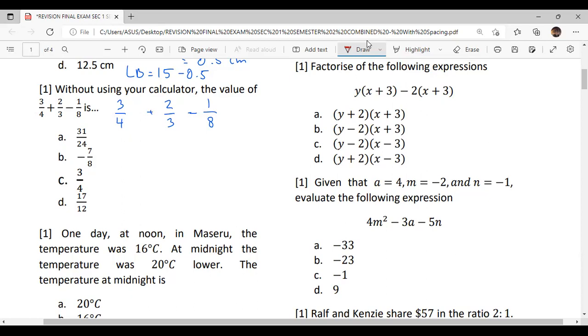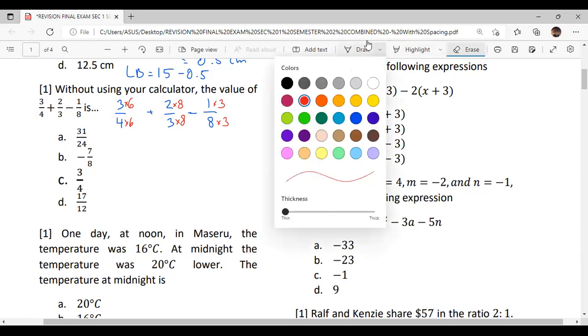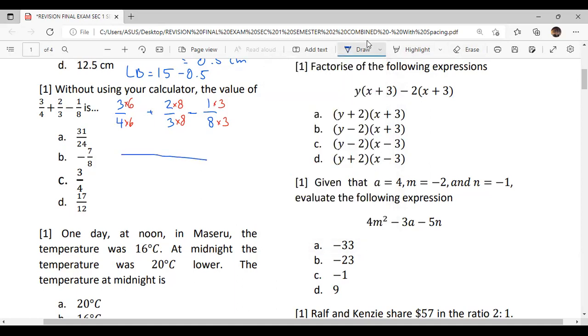So the easiest way is to think of 24. You multiply by 6, you multiply by 8, you multiply by 3. If you multiply by 6 on the denominator, you also do the same for the numerator. That is the step to equate the denominators. So everything is already over 24.